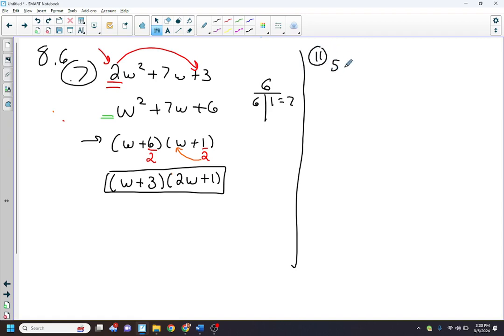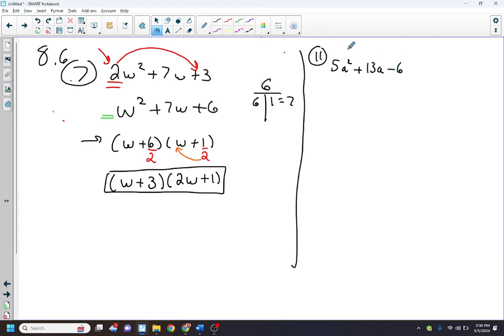So it's 5a squared plus 13a minus 6 equals 0. Oh wait, it doesn't equal 0. My bad. It's just 6.